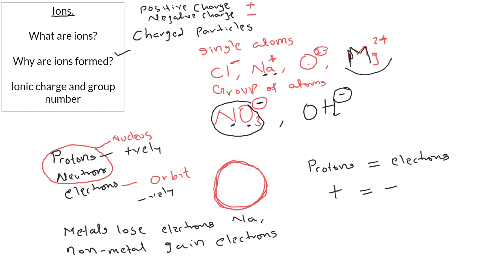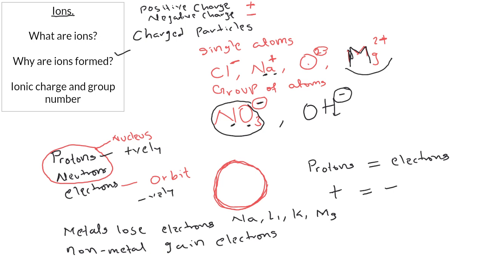I'm using the symbols of the elements so that you can get used to identifying elements by their symbols. Sodium, lithium, potassium, and all of these are group 1 elements. We're going to see that later. You can also have magnesium, and all of these are examples of metals. So if you have sodium, lithium, potassium, or magnesium, all of these metals will lose electrons. Do you see that?